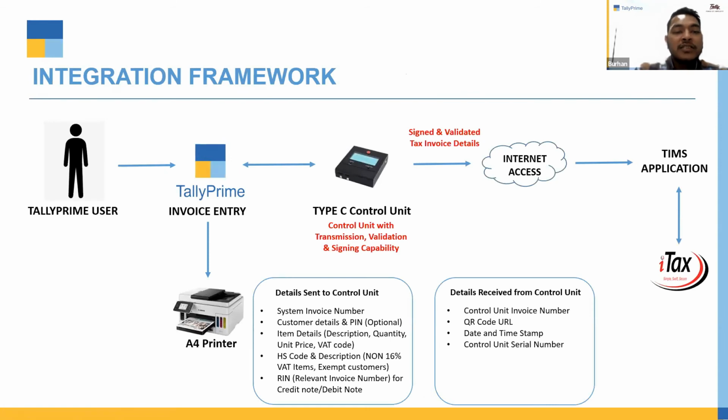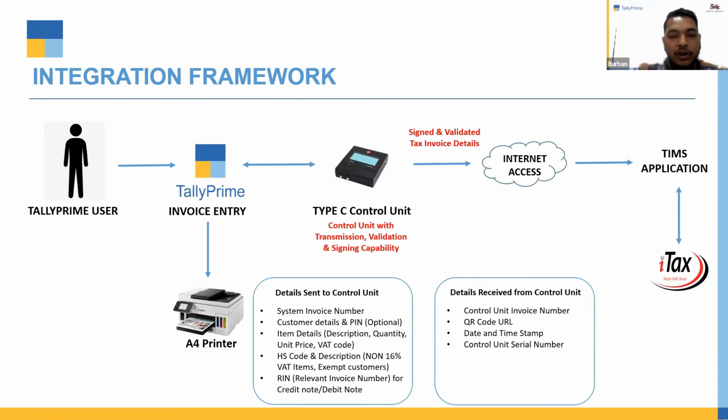Okay, so now this is the framework or the process of how Tally will take it through from Tally when you do your invoice or sales, and how it will generate to the KRA system. So the TallyPrime user will do the invoice entry in TallyPrime. That will transfer into the type C control unit. You can then later on print it in your A4 printer.